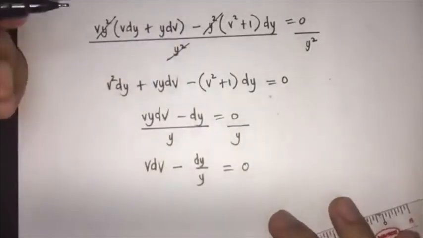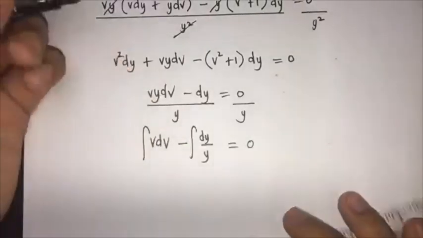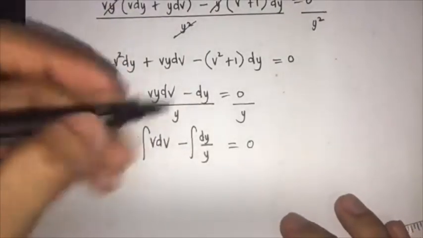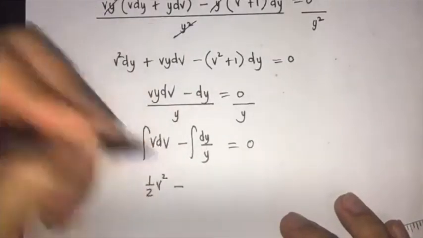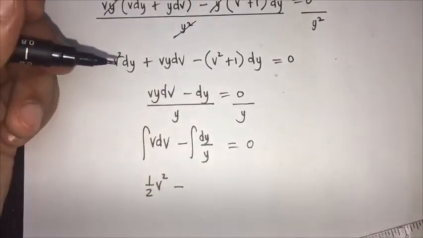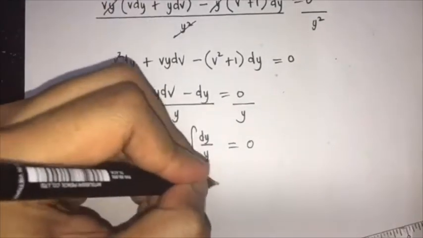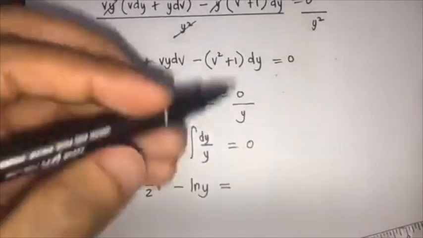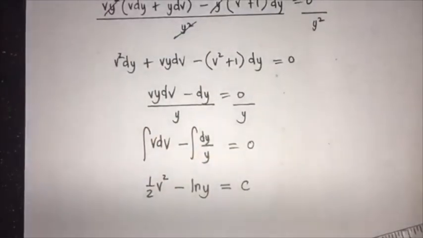to 0. So now integrating both sides, since we have separated the variables already, this will become integrating v dv, that will become 1/2 v squared minus ln of y is equal to, since we finished integrating, a constant c.